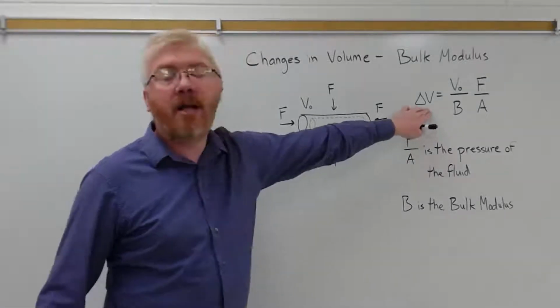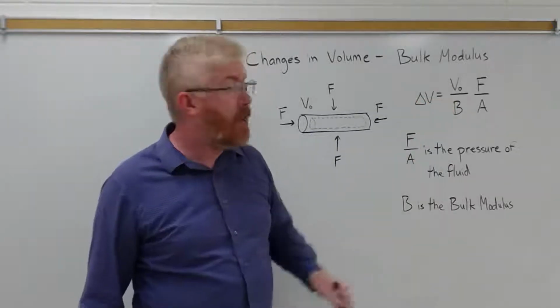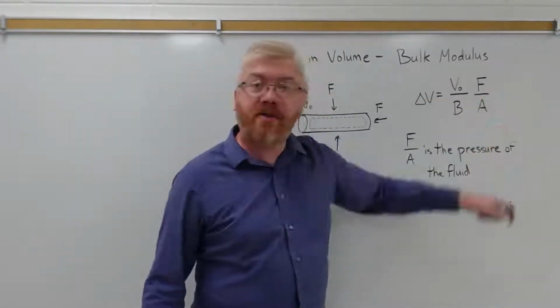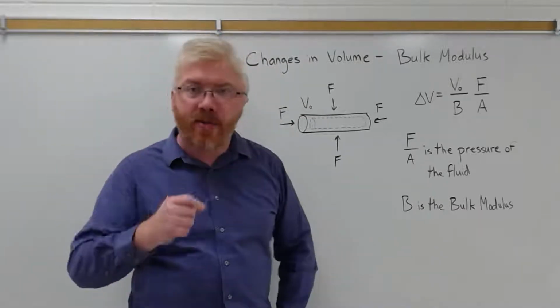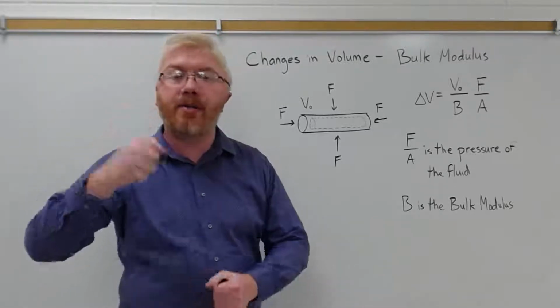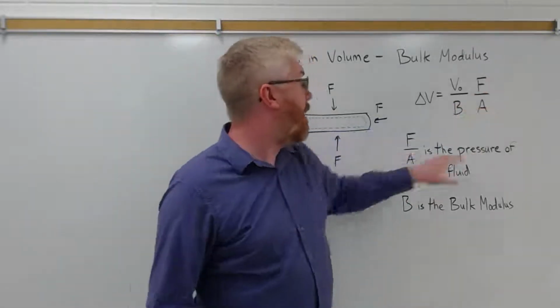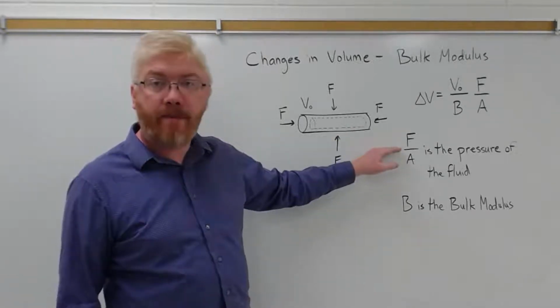The change in volume experienced by an object depends on the object's original volume and F over A, the stress once again on the object. But in this case, the stress is not a lateral stress for the shear force or compression or tension. F over A here is the pressure that this thing is under from the fluid.